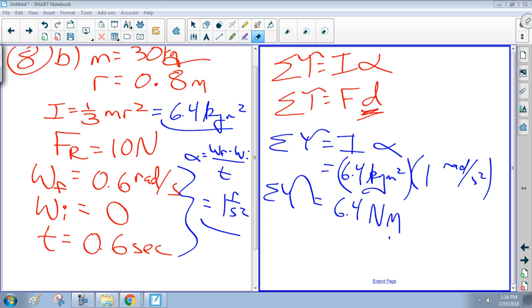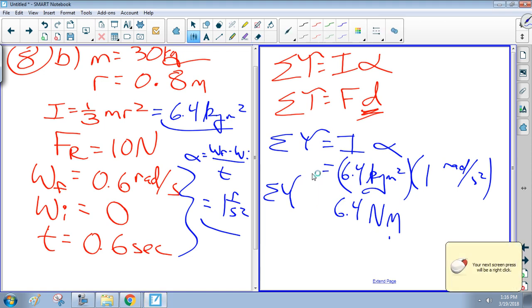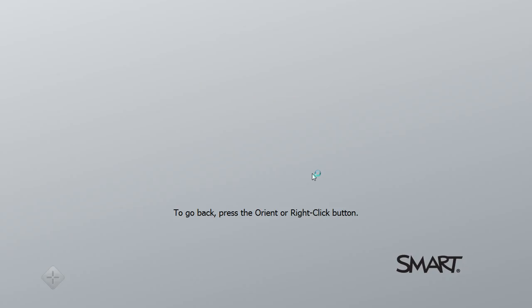Holy moly, this is a weird looking towel. I didn't want it to do that. I was in the middle of doing stuff. To go back, press the orient or right click button.